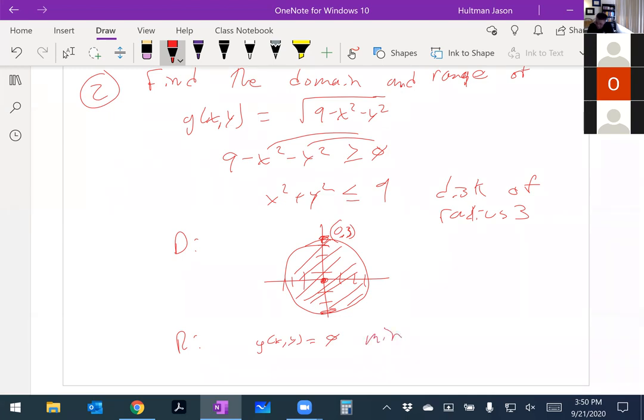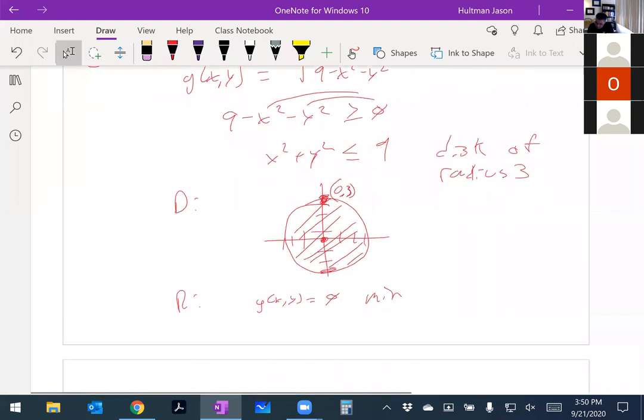When we're on the boundary, that's where it's going to be the minimum value. What about if we're at the center? The furthest away from the boundary is the center. When I'm at 0, 0, I'm furthest away, and that's going to be 3, right?